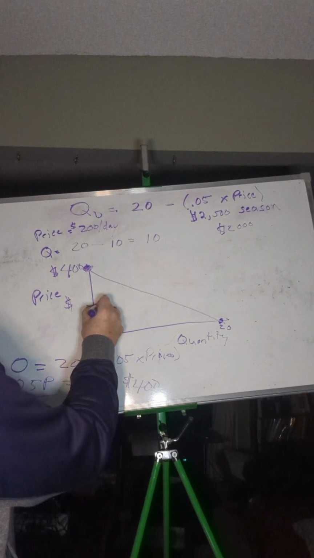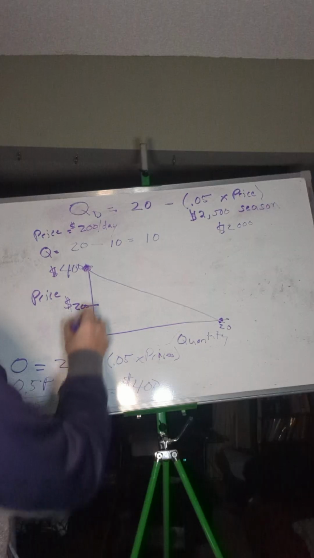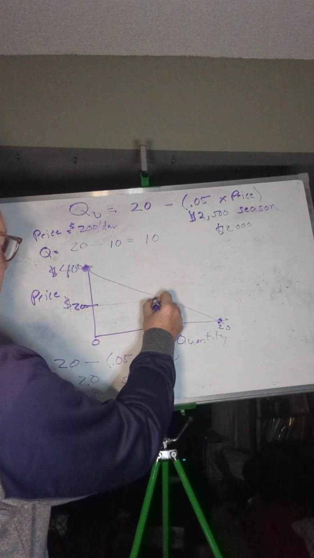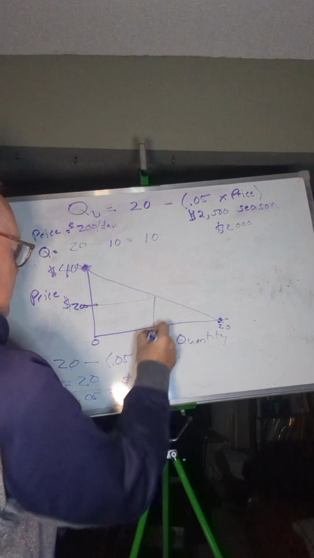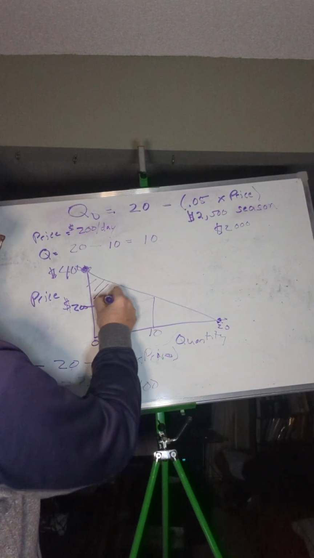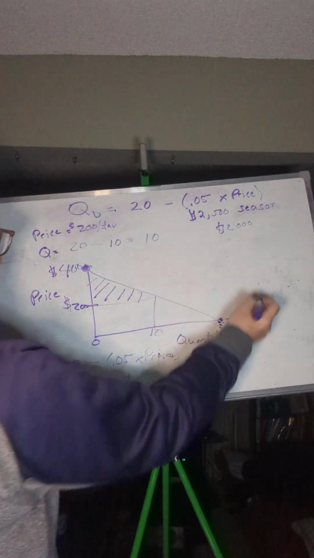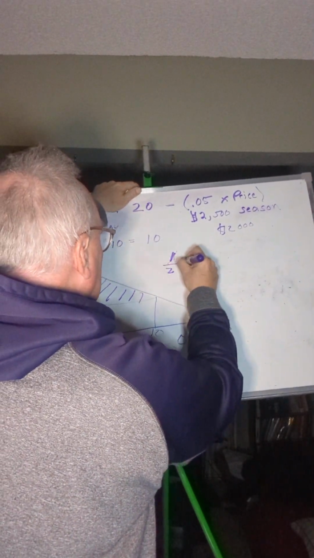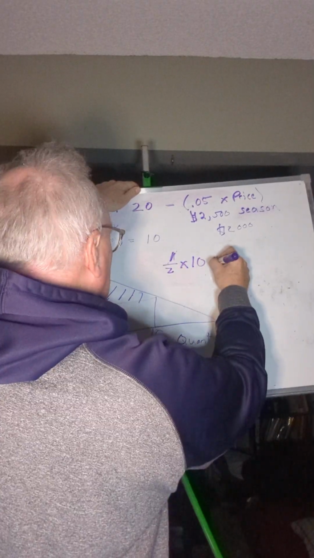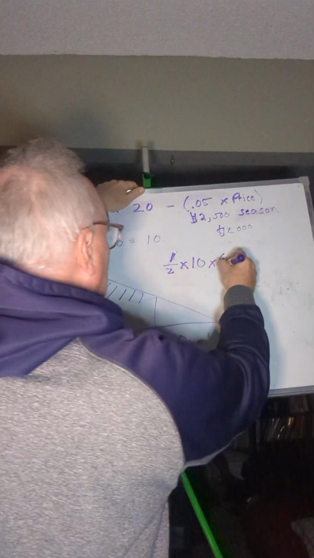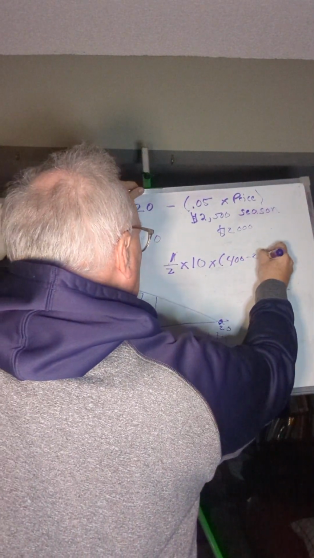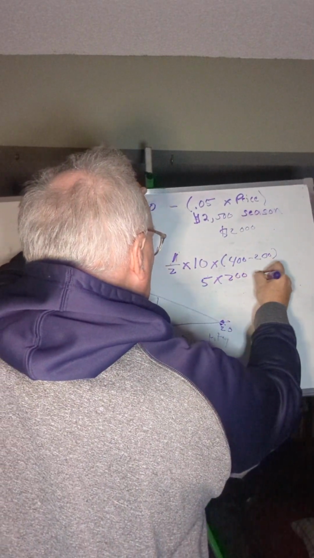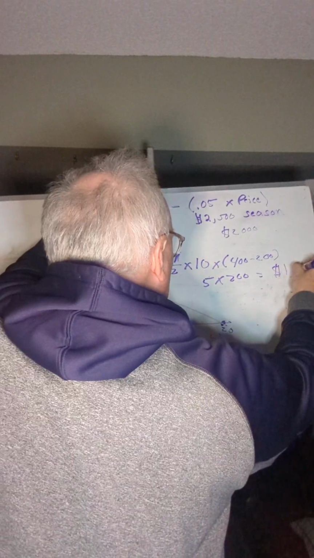And we've already solved that at the price of $200, which is the price of the daily pass, our skier is going to ski 10 times, and so we can calculate the area of this consumer surplus. 1/2 times 10 times 400 minus 200, which equals 5 times 200, which equals $1,000.